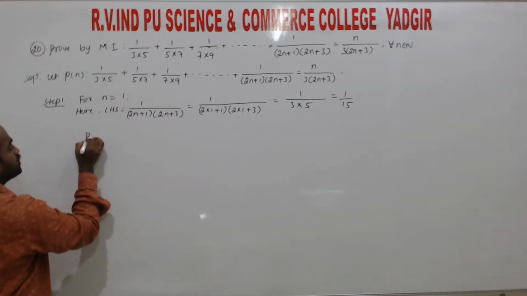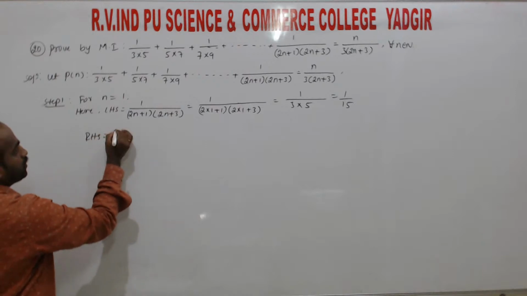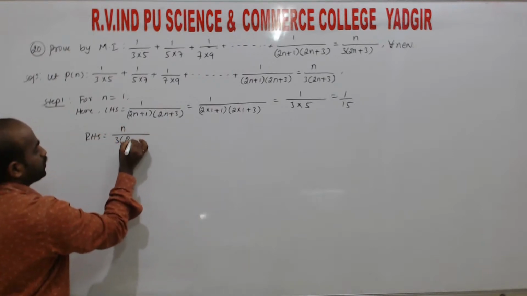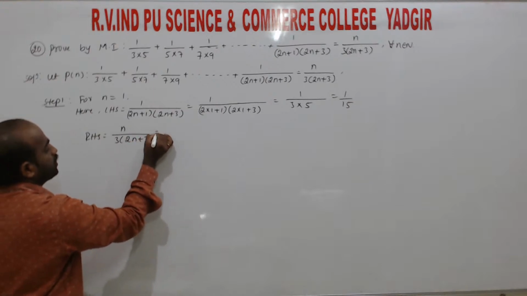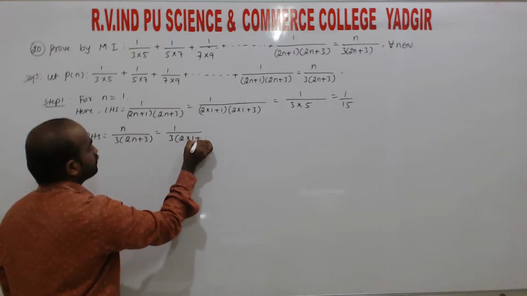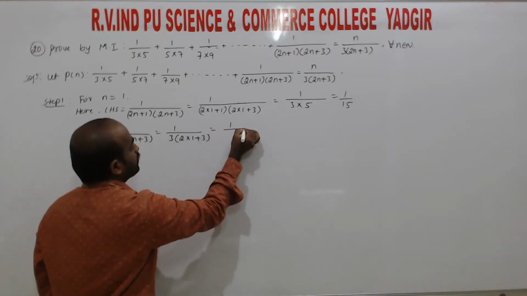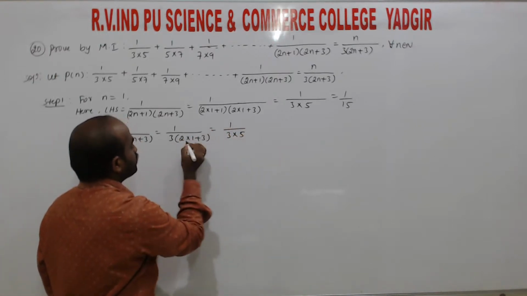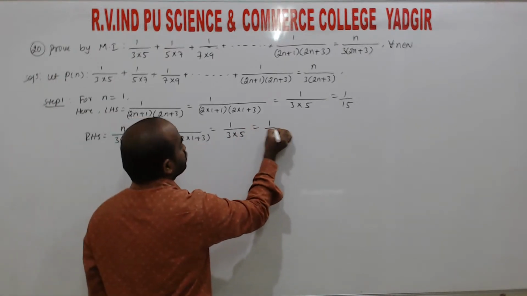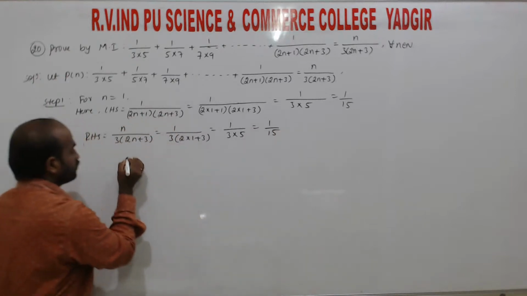And RHS: n/(3(2n+3)) equals 1/(3(2×1+3)), that is 1/(3×5), 2×1+3 is 5, so 1/15.